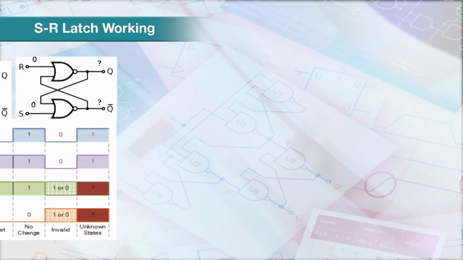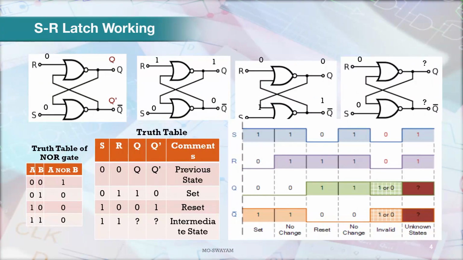In the previous slide, we discussed the RS latch and its basic operation. Now, let us analyze how the RS latch works using its truth table and its circuit with NOR gates. Specifically, we will focus on table 1, which shows the NOR gate output values for different input combinations.